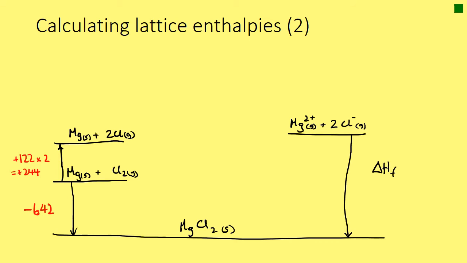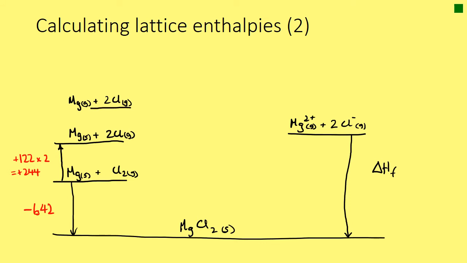Our next change is, of course, to atomize our magnesium. So we're going to go from solid magnesium to gaseous magnesium, and our 2 chlorines are going to stay the same.